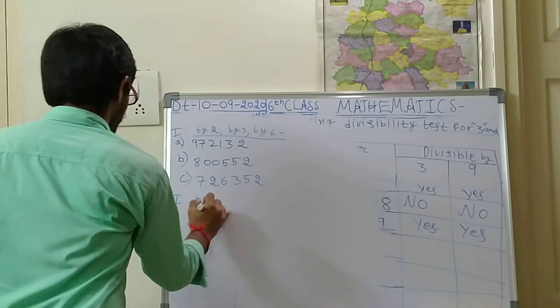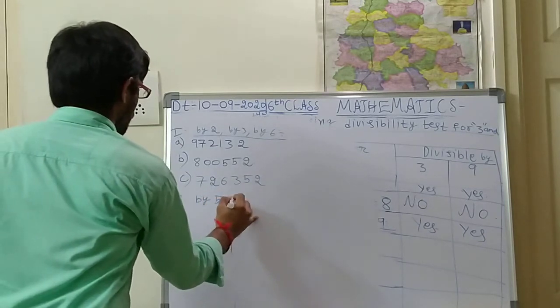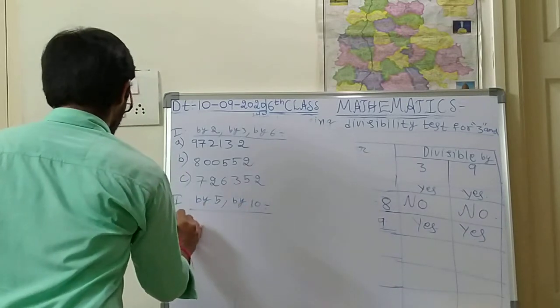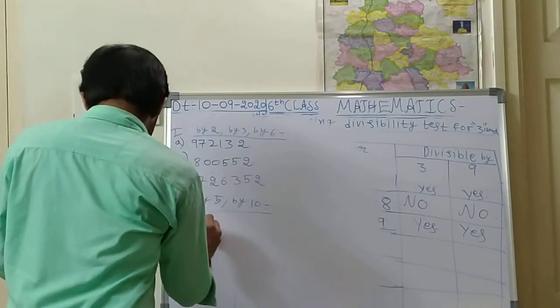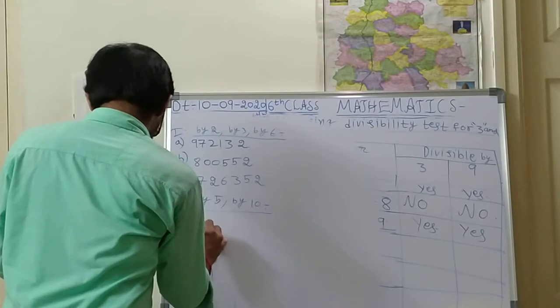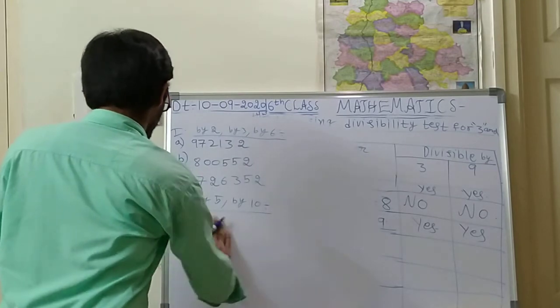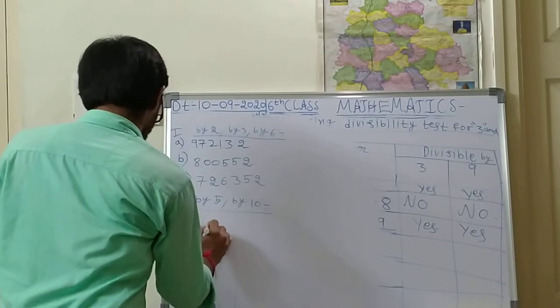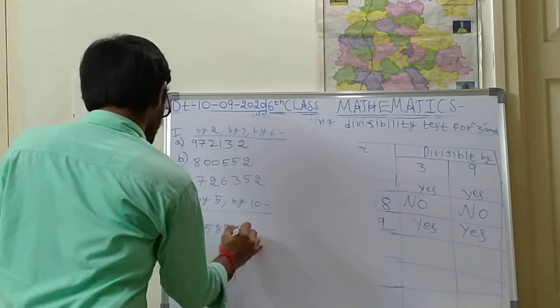Second bit: divisible by 5 and by 10. Like this. First one, 45880.